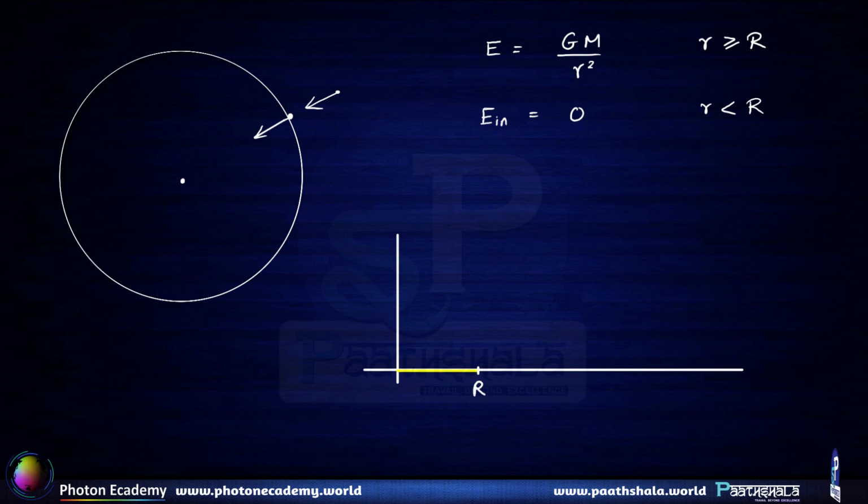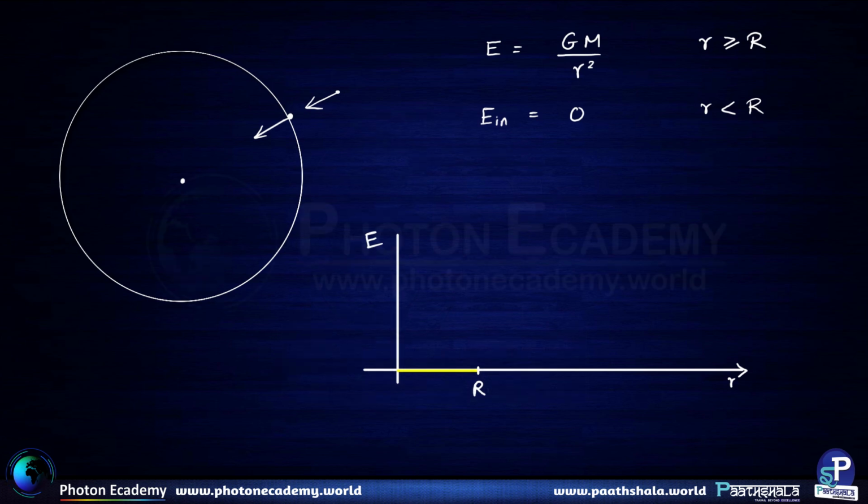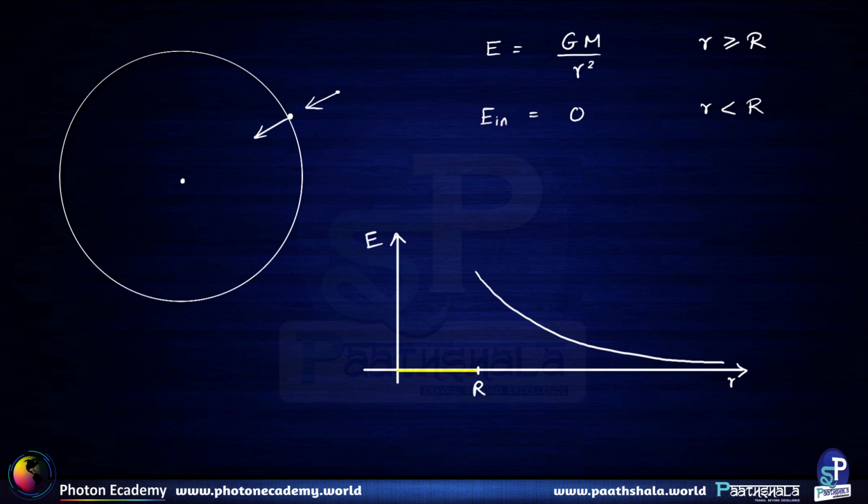We are plotting the gravitational field as a function of r basically. After you reach the point R, the gravitational field decreases as 1 upon r square. So it goes like this after the point R. So there is a discontinuity at the point R as far as the gravitational field is concerned. So this you can say is the graph of the gravitational field for a hollow sphere.